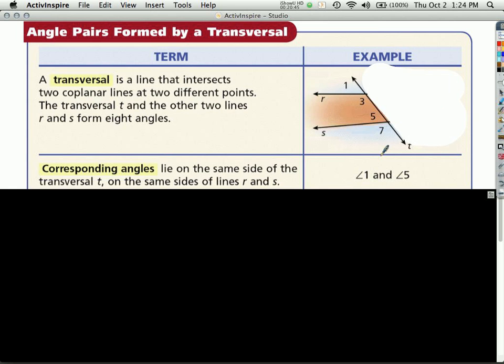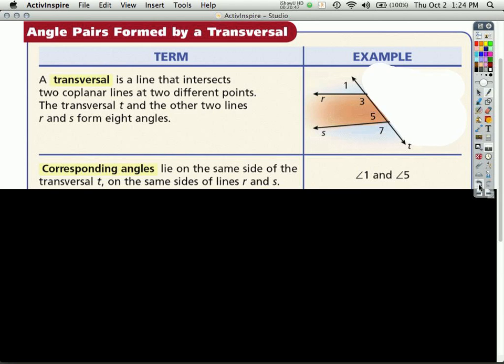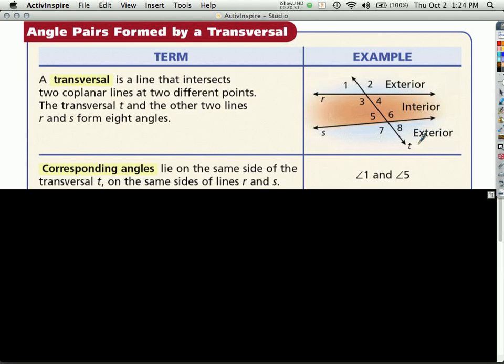Okay? 1, 3, 5, and 7 are all on the same side. Likewise, 2, 4, 6, and 8 are all on the same side. So corresponding angles are on the same side, and then they're on the same sides of their respective lines, R and S. So, for example, corresponding angles we have right here are angle 1 and 5.